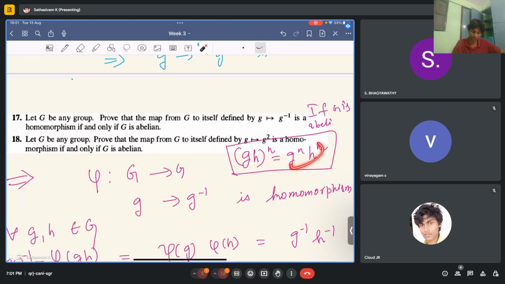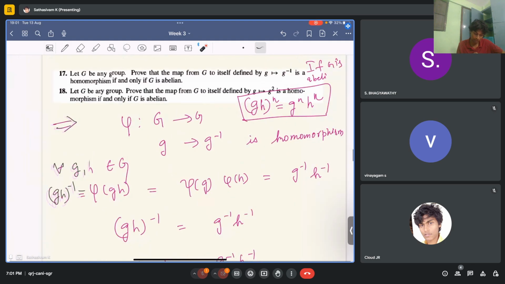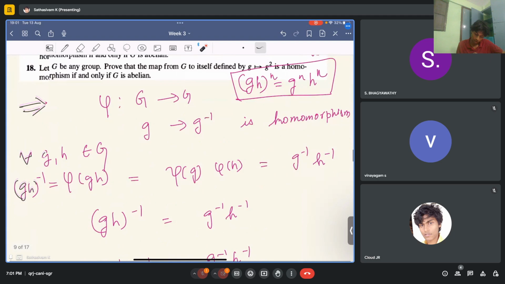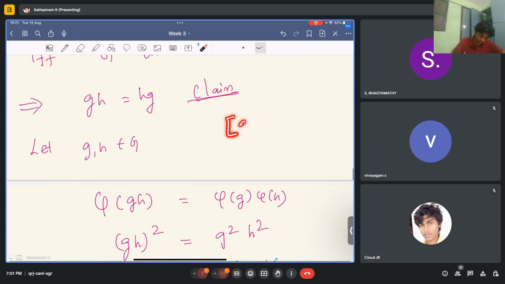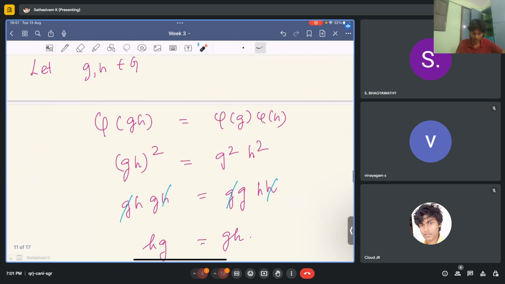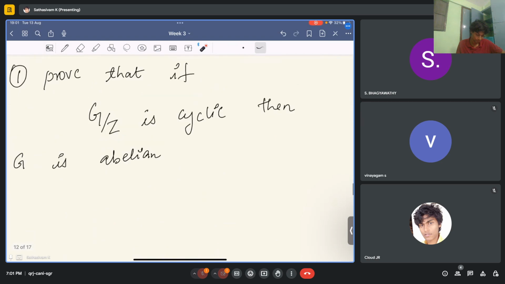When you want to change the elements from here to here, you cannot always do it, but there is an obstruction in terms of commutators. We are not going to do much with commutators, but they are there. The commutator of g and h is g h g inverse h inverse. That is just a remark, but we don't need it. So let's move on to the next question.